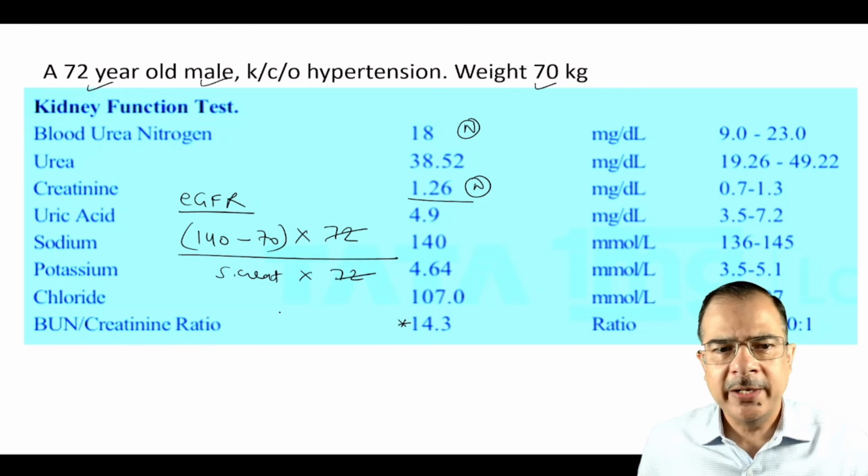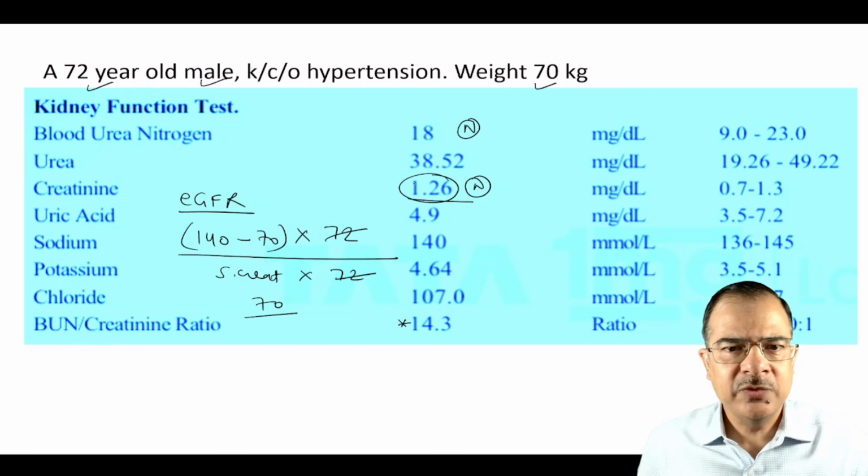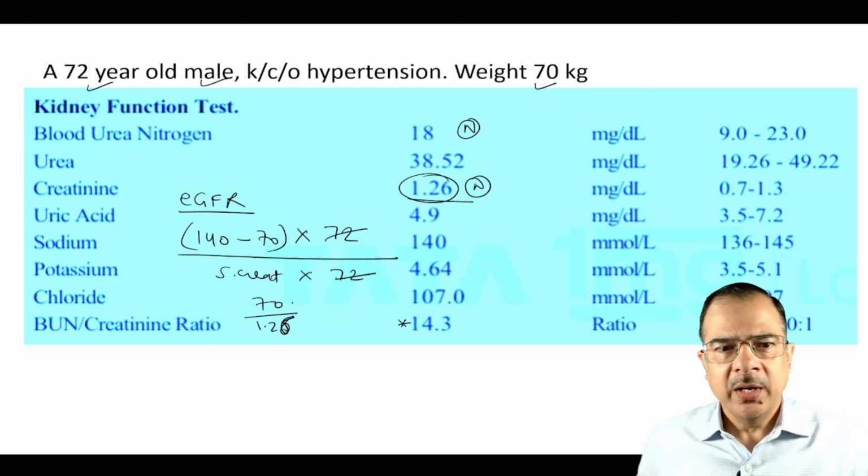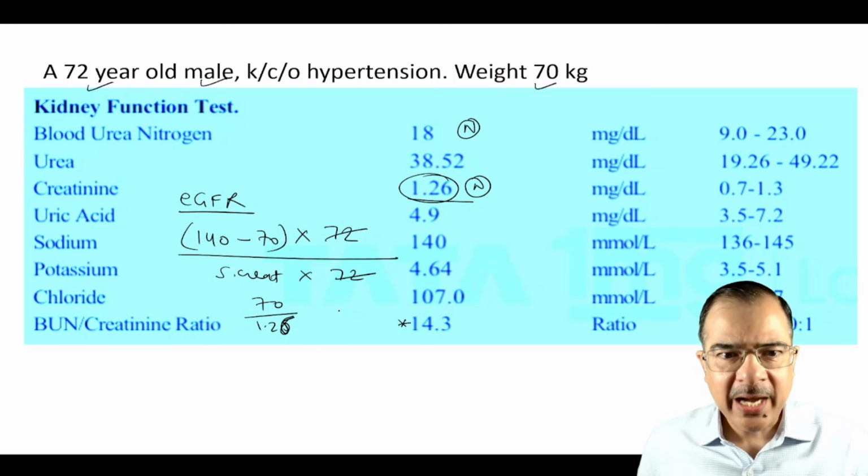So the 72s cancel, and it will be 70 divided by serum creatinine, which is 1.26. So GFR will come out to be slightly less than 60.